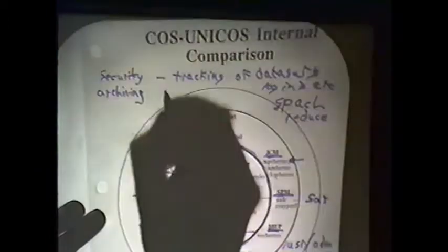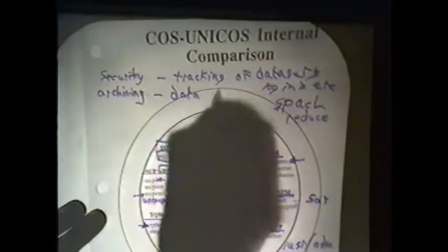There's also a security log daemon and a command called reduce. And reduce can process the security log and keep track of these data sets that are being accessed and stuff. You also can set a user trap flag that allows every keystroke a user types in to be logged in the security log.